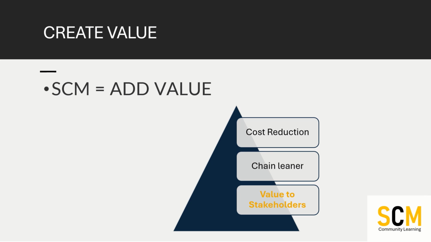We need to focus on cost reduction. We need to focus on the linear chain, and we need to focus on creating value for the stakeholders. The stakeholders, all of these parts of the supply chain that we need to move to create value to the customer.